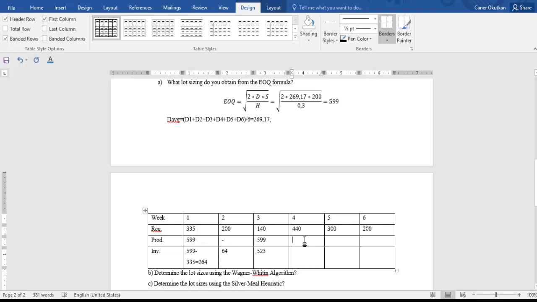In fourth week not necessary, and our inventory 83. In 5th week we have the product and our inventory 382, and 6th week our product not necessary and our inventory 182.